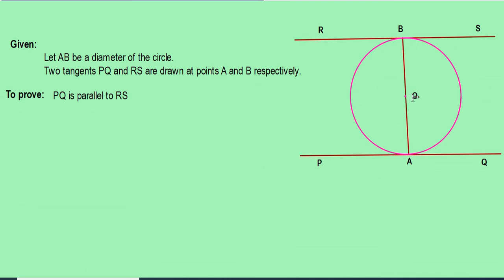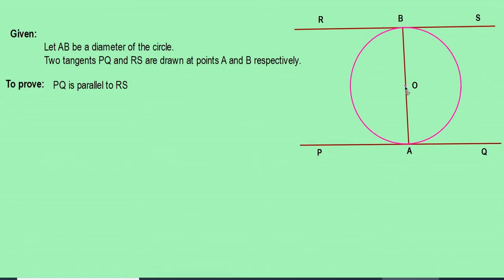Here OB is the radius and RS is the tangent. So we can write OB is perpendicular to RS. Why? You know that the tangent is perpendicular to the radius through the point of contact.